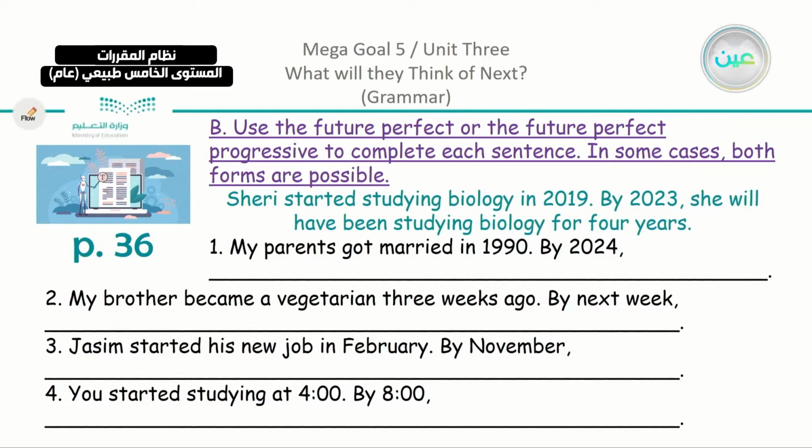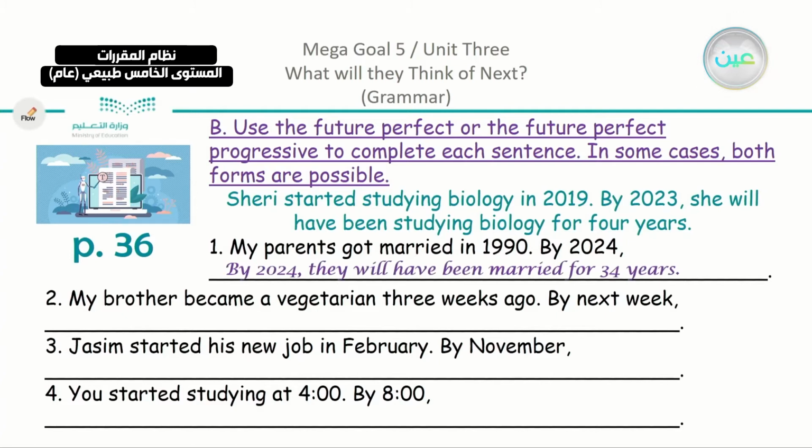I'm going to start with the first one. We have here, my parents got married in 1990. By 2024. Again, we're going back to the same year. So I'm talking about my parents. They have been married for some time, and we're going to see what will happen by the other year. So I'm going to complete the sentence.